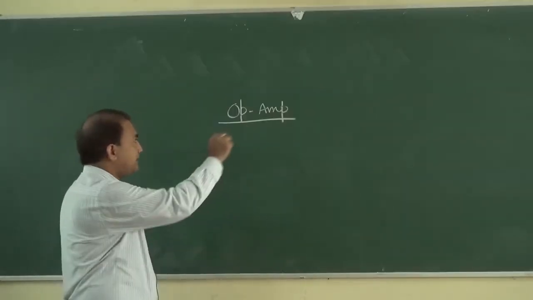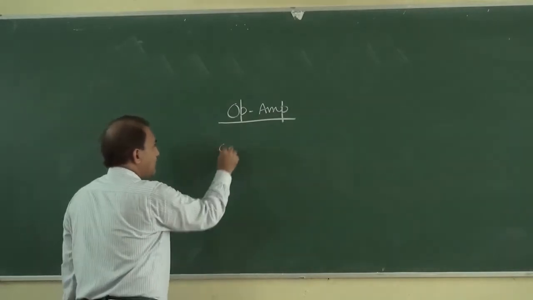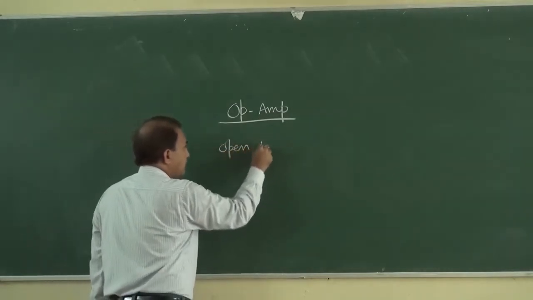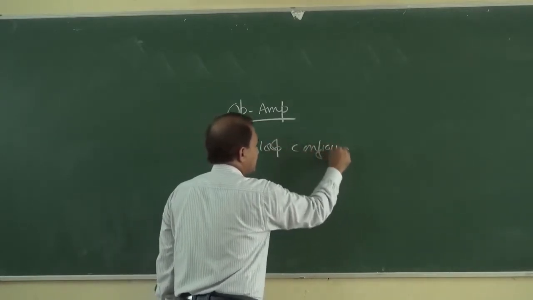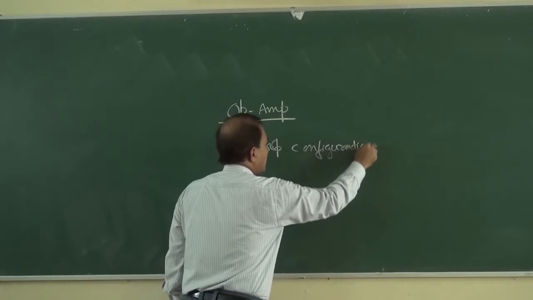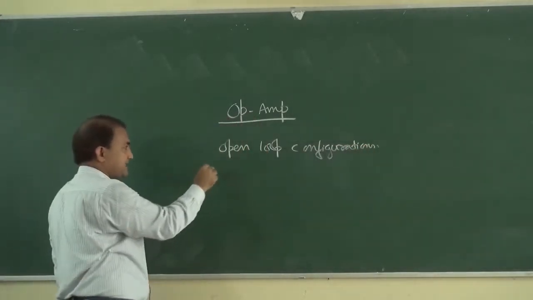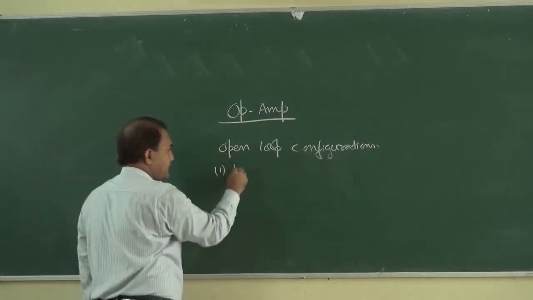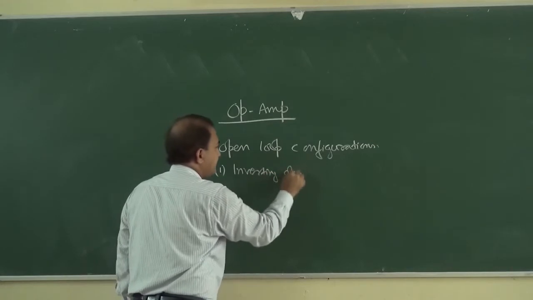We have seen operational amplifier. In operational amplifier we have seen open loop configurations. So we have seen three types of configuration. The first one is inverting operational amplifier.